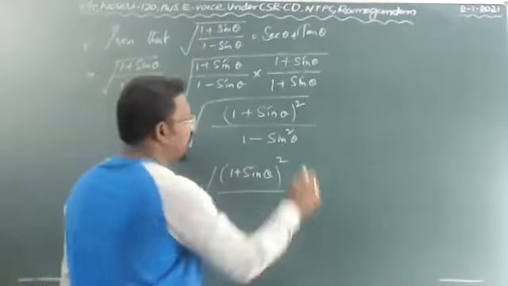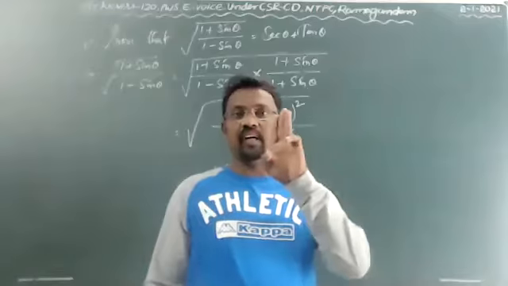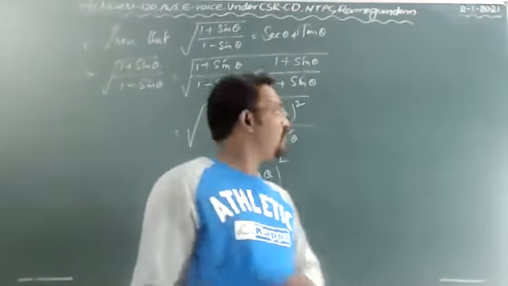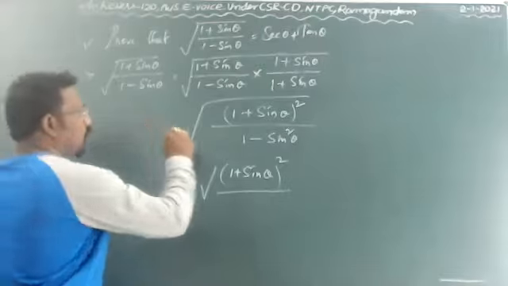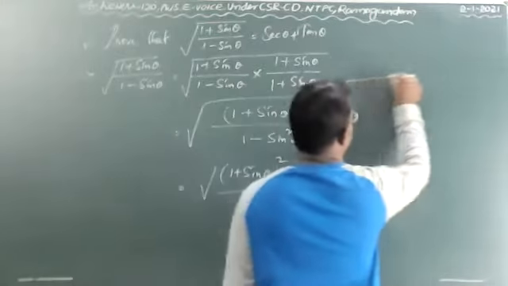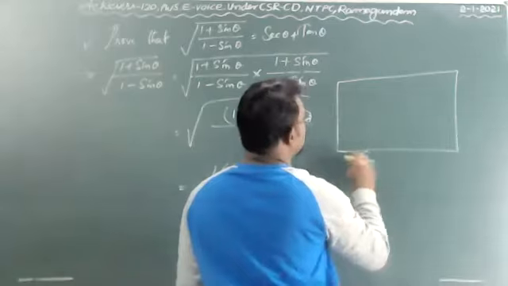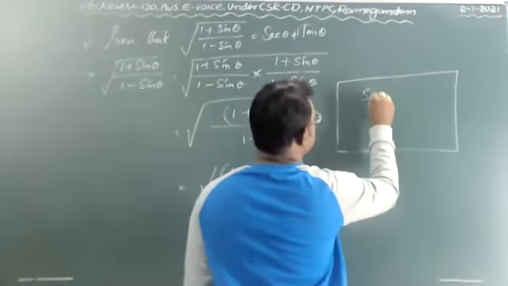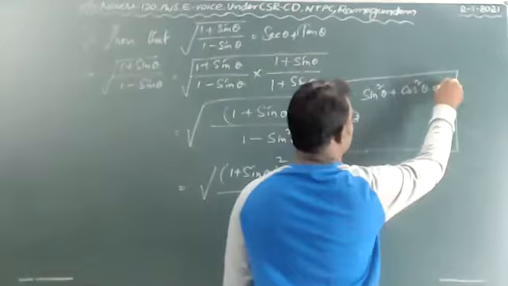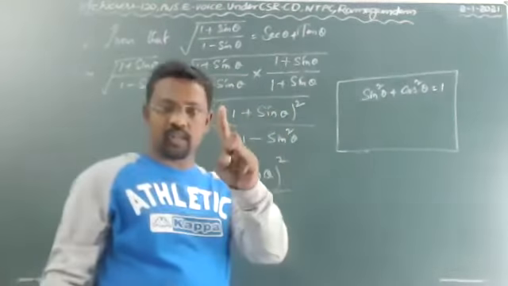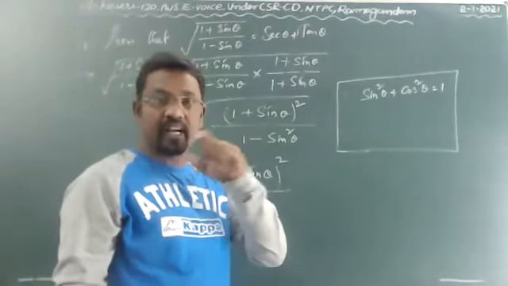We have an identity. We have 3 identities, right? The first identity, let's write here. We have 3 identities from trigonometry.